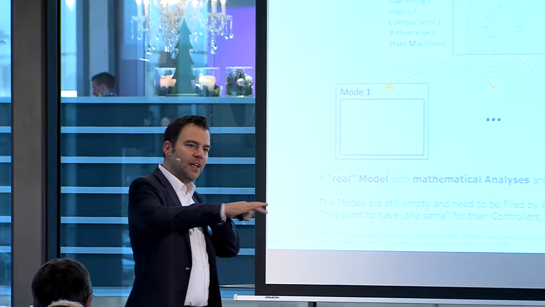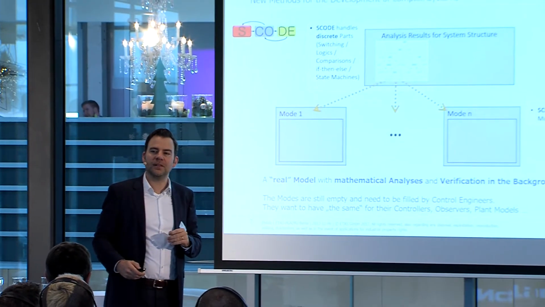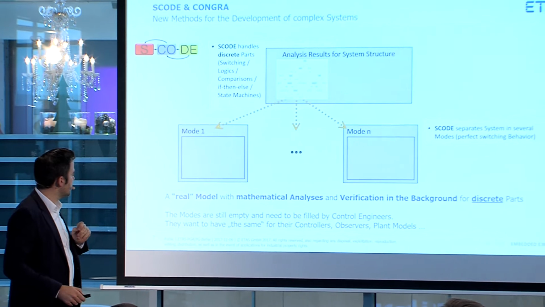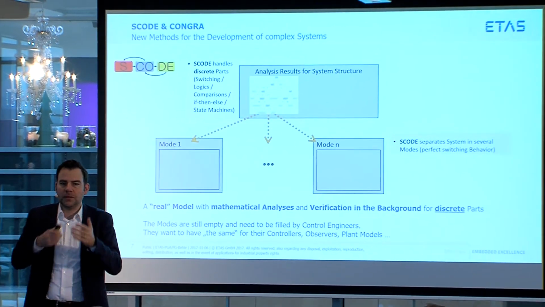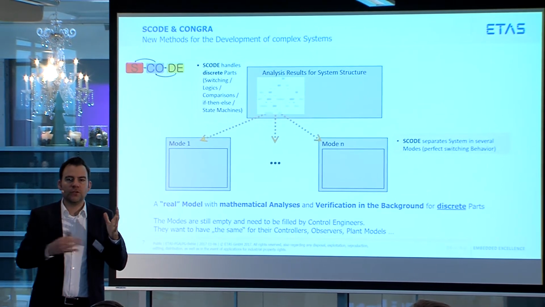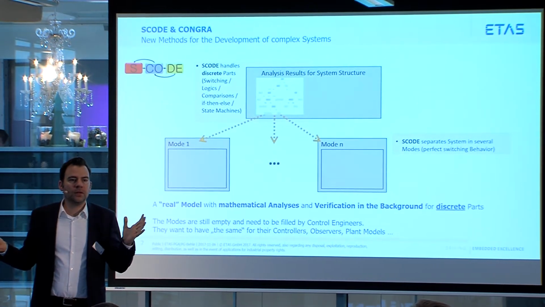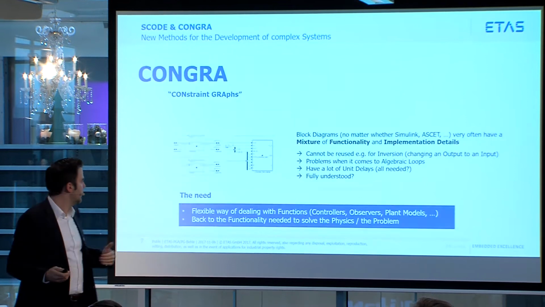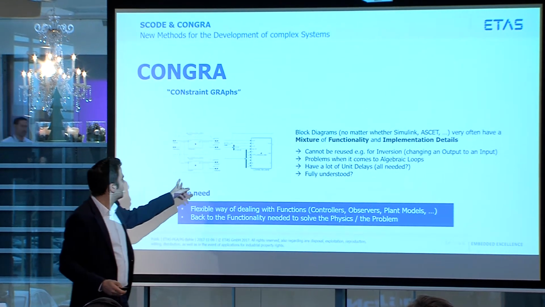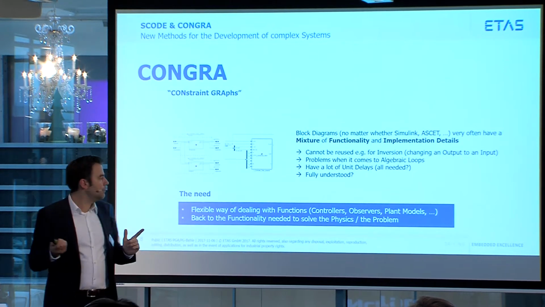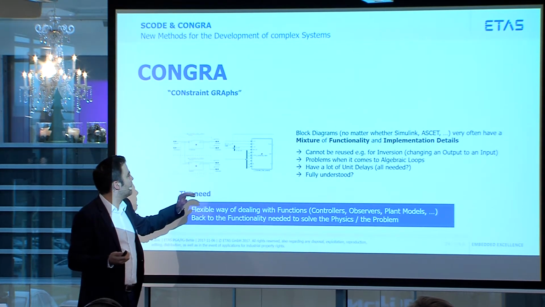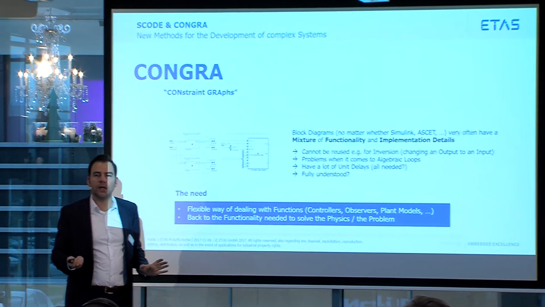Back then, I sat in the software development department, and the control engineers were across the hallway. So they came and said, you've got a perfect mathematical model. We want the same for control engineering as well. So we looked at block diagrams and wondered, what are the problems with block diagrams? Well, there are two problems.